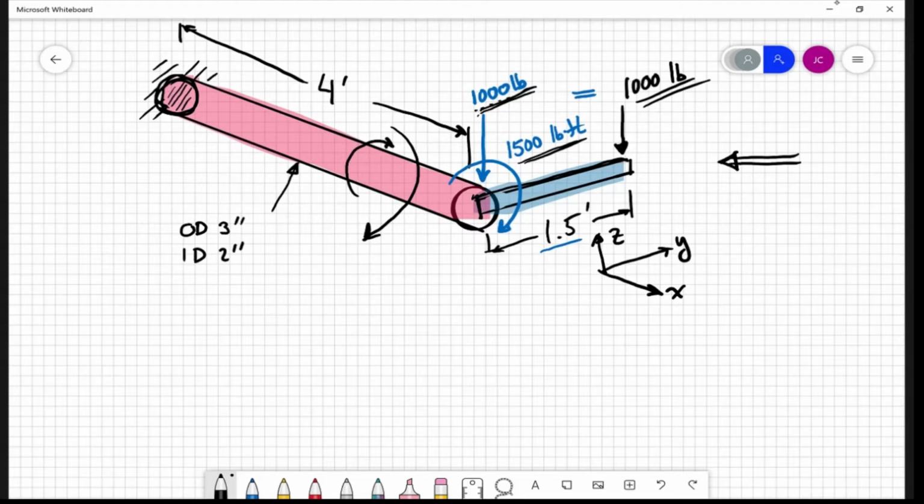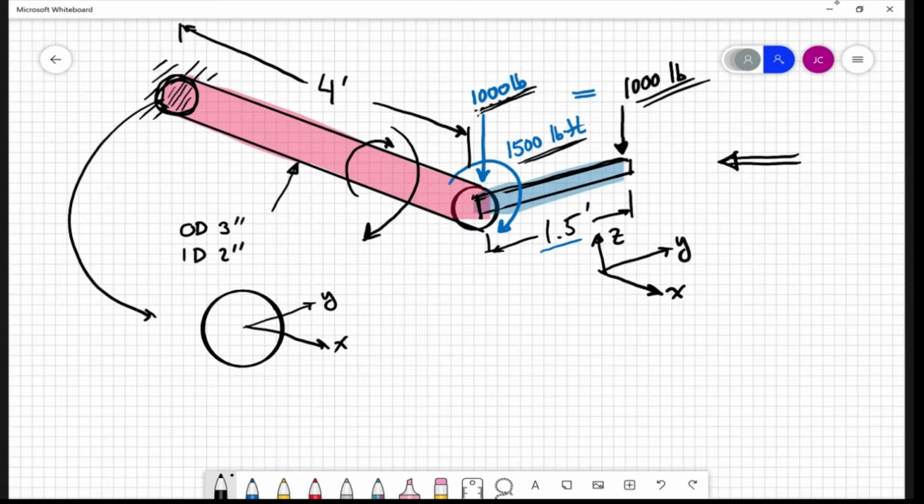Okay? But anyway, all right. So the problems will normally go like, if I were to zoom in on this cross section here, where this is the y-axis, this is the x-axis, and this is the z-axis.